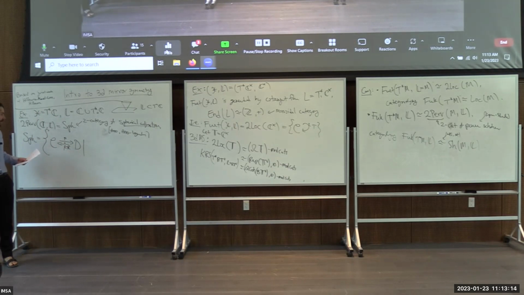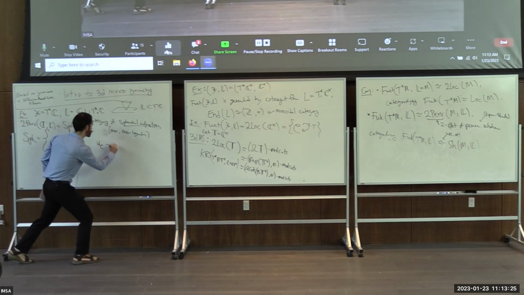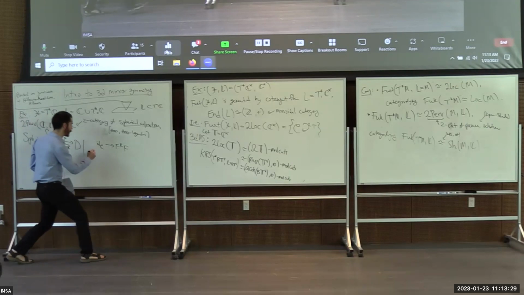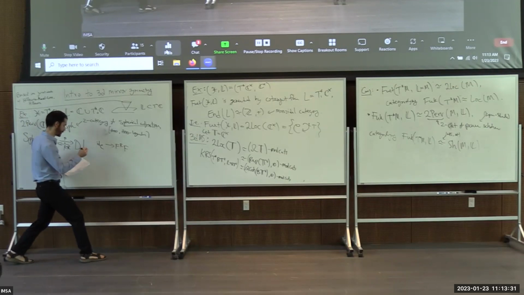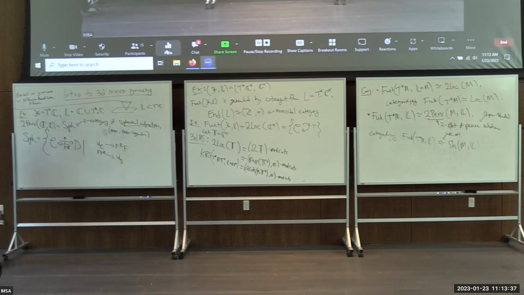So from this adjunction, I can form two endofunctors of these categories. Namely, I have the unit map from the identity of C to FR F, and I have the counit map from F FR to the identity of D, and I can take the cone on each of these natural transformations.